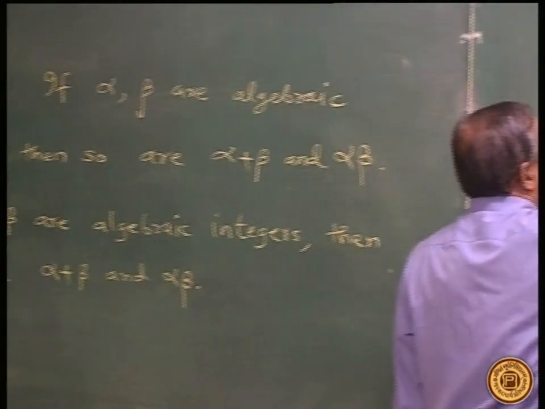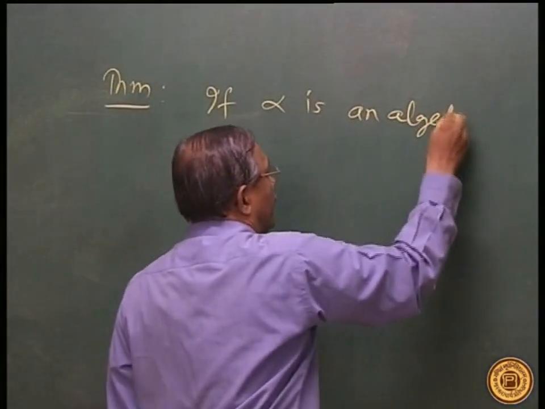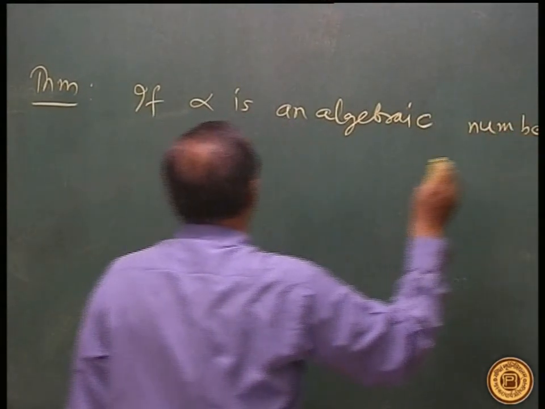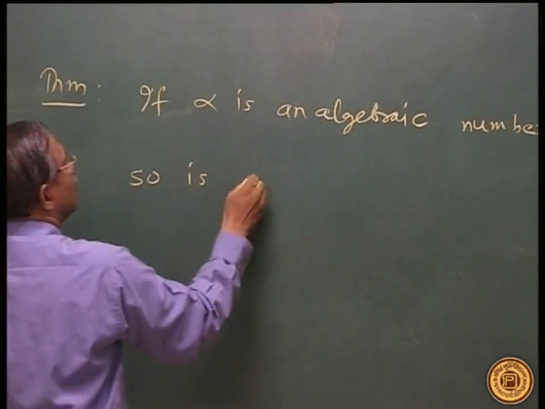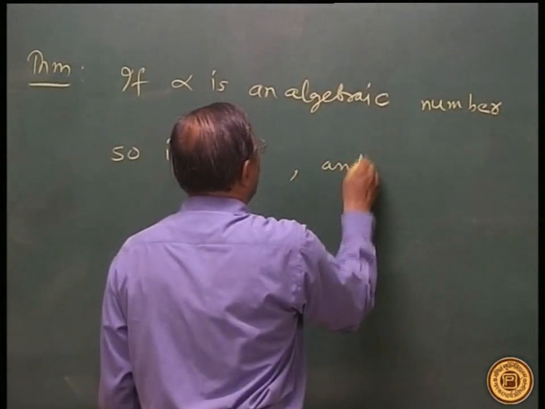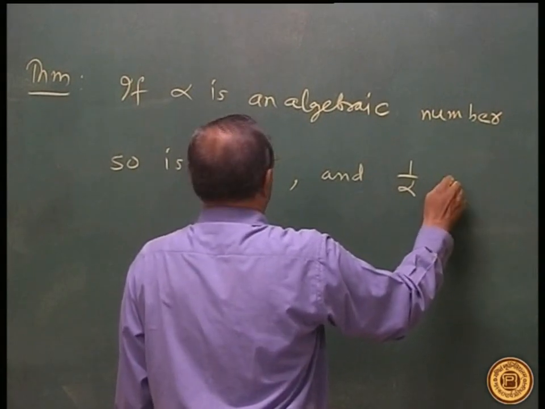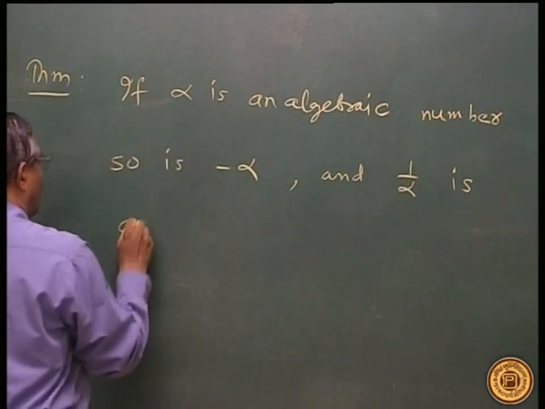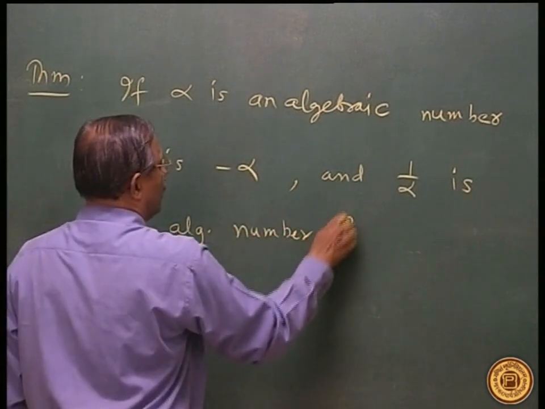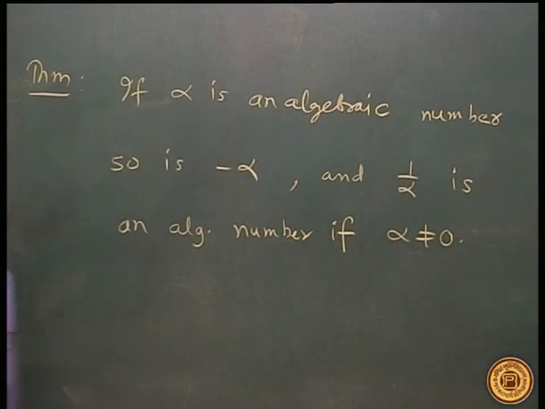Theorem: if alpha is an algebraic number, so is minus alpha, and 1 upon alpha is an algebraic number if alpha is not equal to 0.